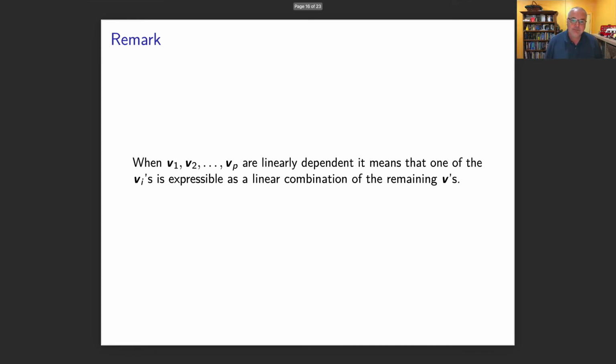Okay? What we mean by that is that when they're linearly dependent, one of the vectors I could write as a linear combination of the remaining vectors. Basically, what we're saying by linearly dependent is that one of them I can make up from the rest. If they're linearly independent, I can't.